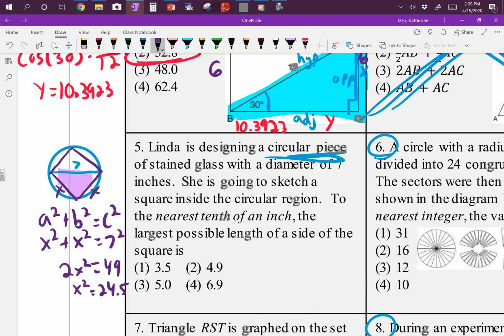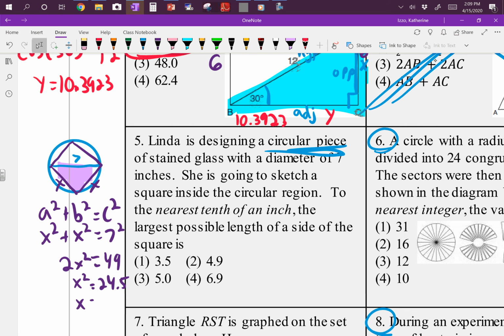And then we square root that 24.5. And we should get x is equal to 4.94. Yay! 4.9. The largest possible length of the side of the square is 4.9. Notice we can't round that up to 5 because that would leak outside the circle.